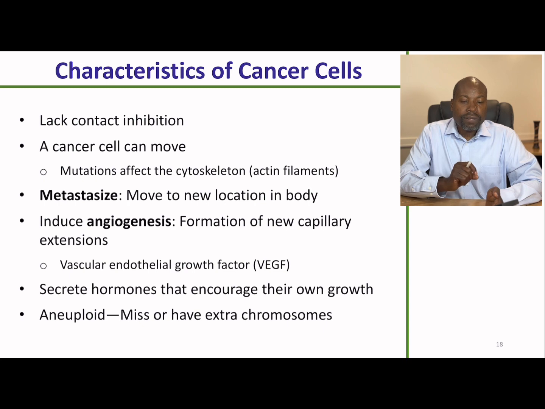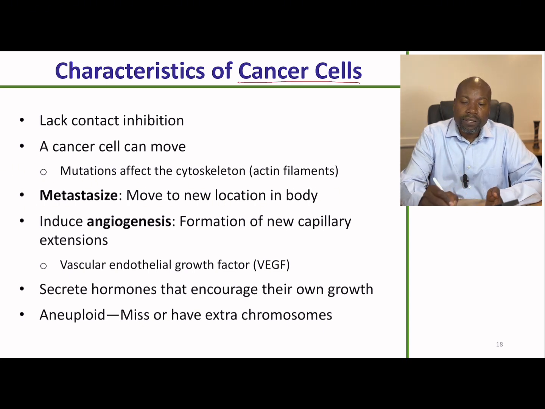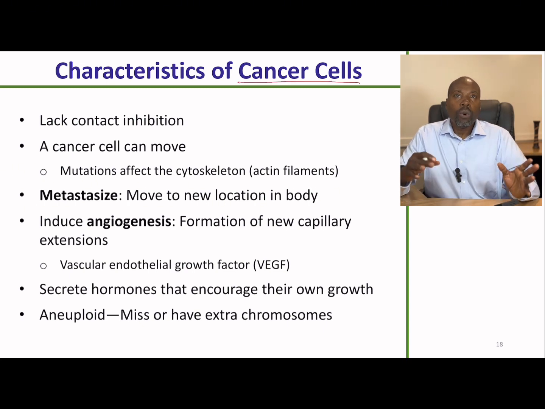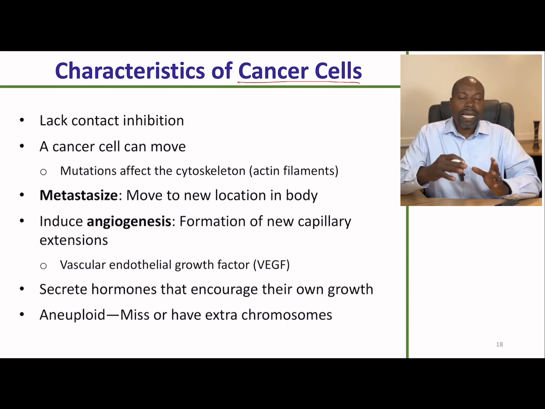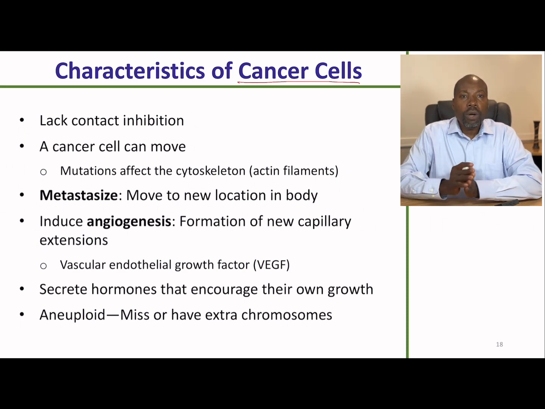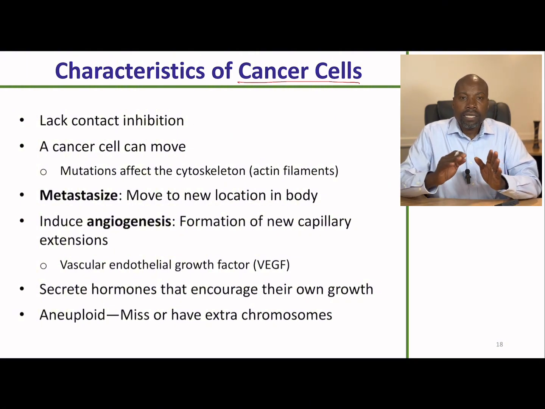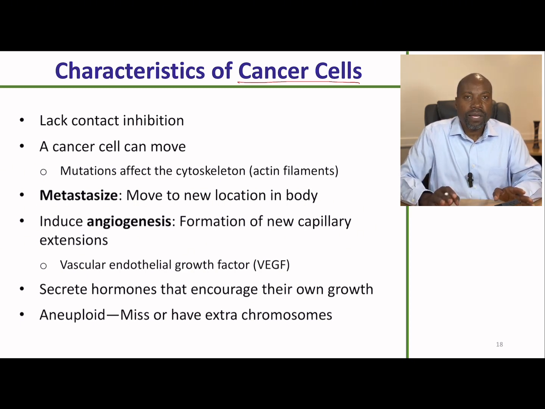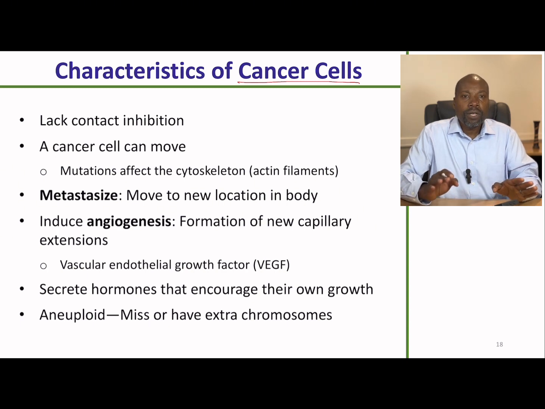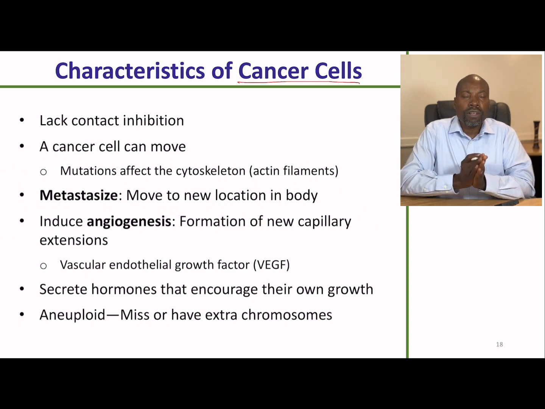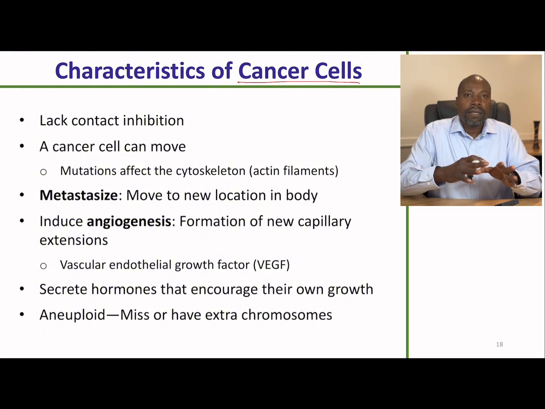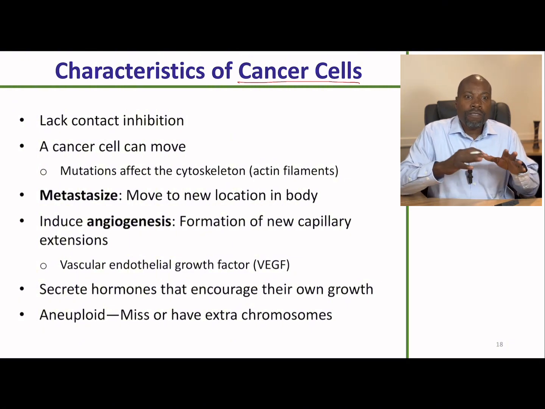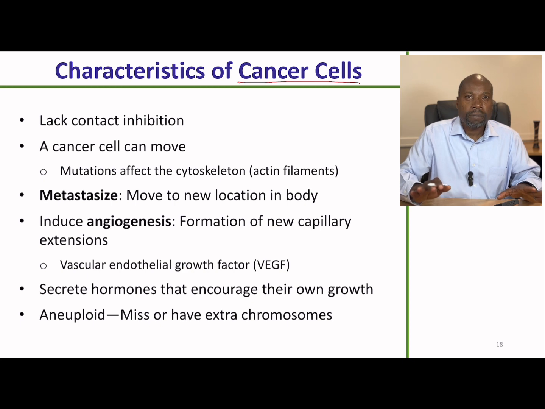So cells that are cancer cells do not know what we call contact inhibition. So in a normal condition, when cells are growing and they actually bump into each other, they stop multiplying because by coming in contact with each other, they are aware of the fact that the area is full.